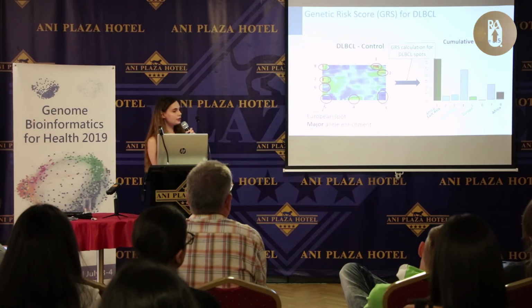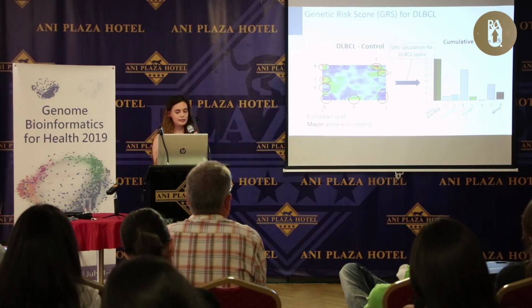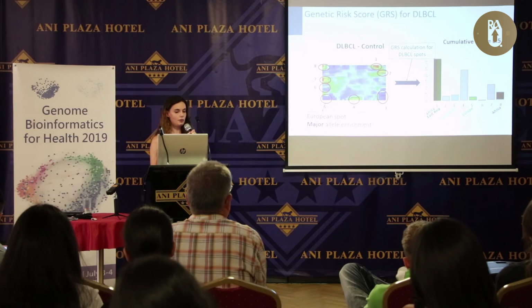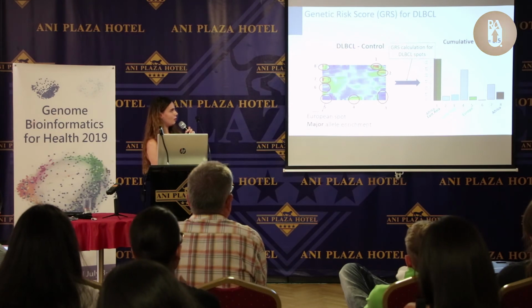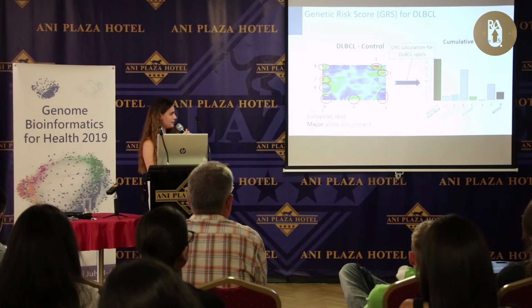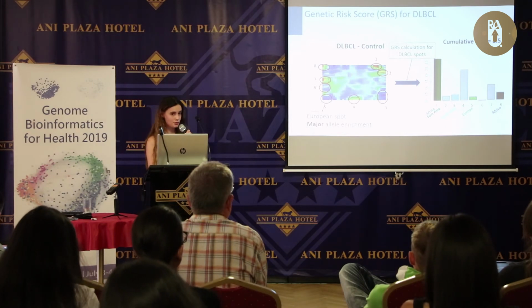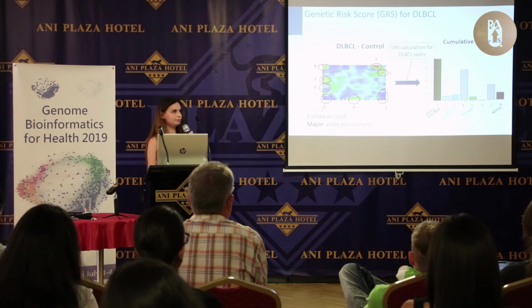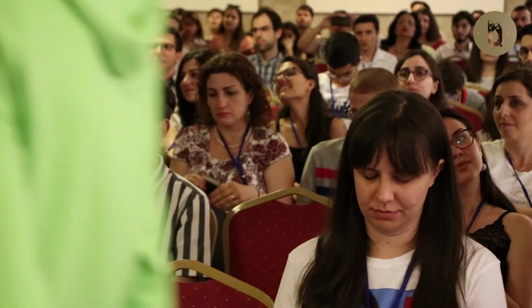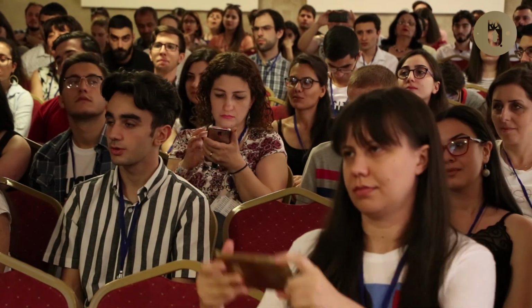So in order to eliminate this population effect, we made, for each type of lymphoma, minus controls. And here we can see that the European spot, which was the population-specific spot, is less enriched, so it collects only minor SNPs.